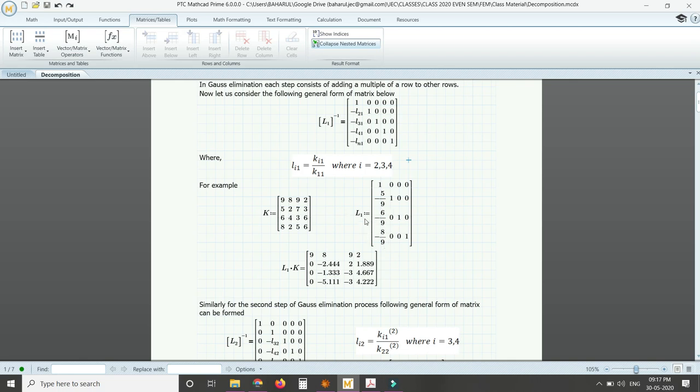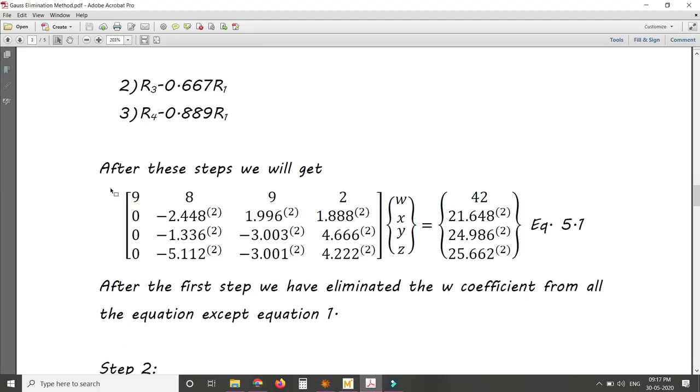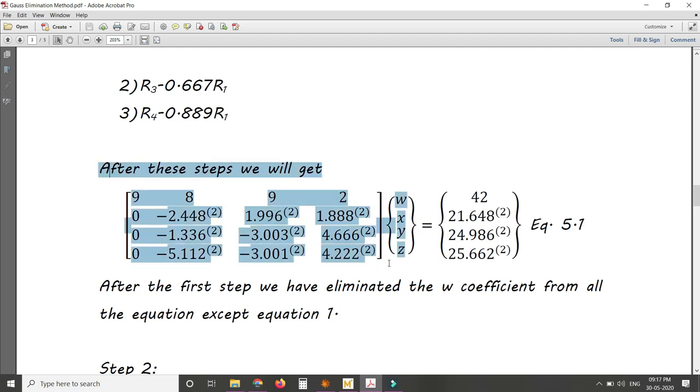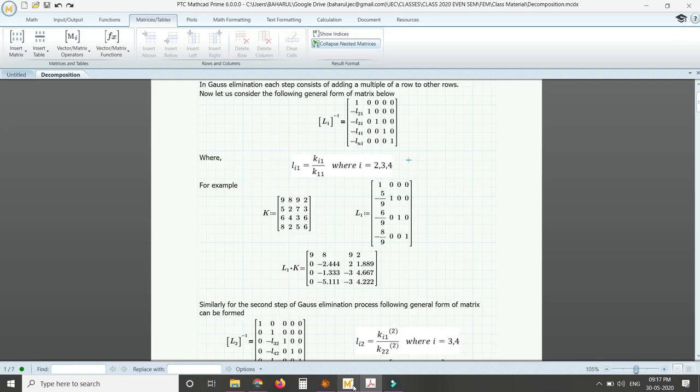If I multiply L1 into K, I will come up with this particular matrix. As you can see from the previous PDF, if we use Gauss elimination we get that same matrix. That means by using this kind of multiplication, we can replicate the same step that we followed in Gauss elimination.